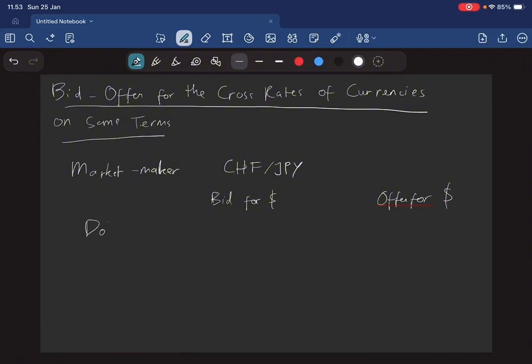We have first the dollar yen, second is dollar Swiss. Assume this one is 125.06, 1.5026, and this is 125.09, 1.5031.